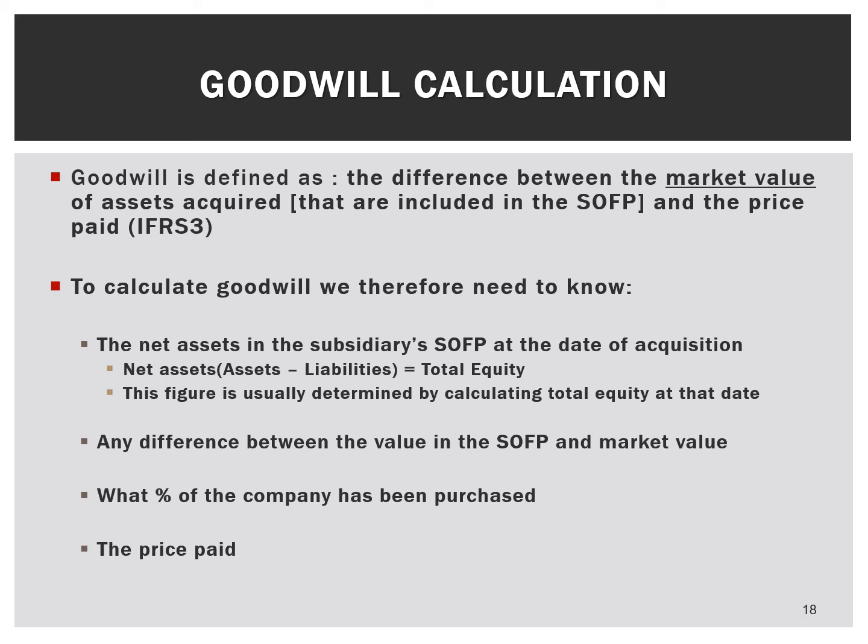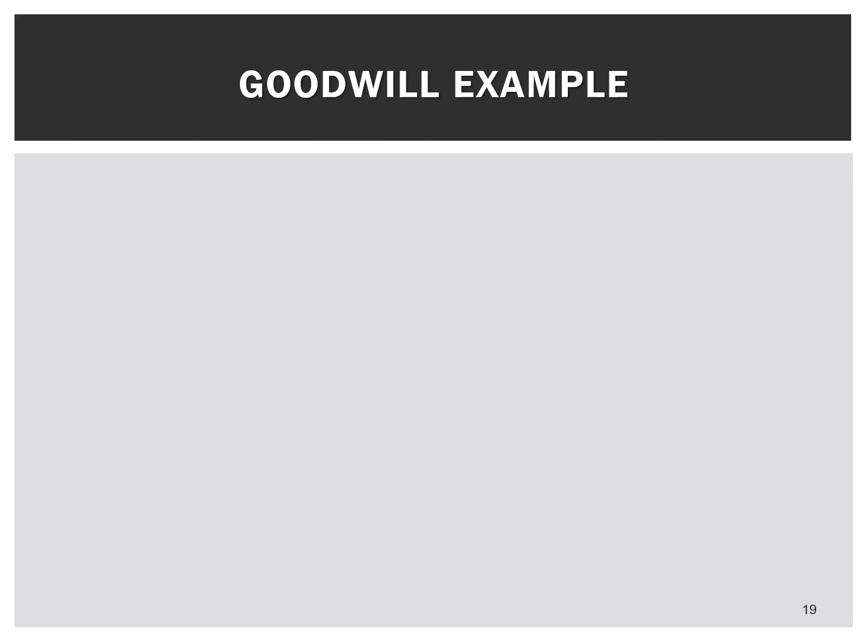Go back to that definition: the difference between the market value of the assets acquired, whether it's 100% or 30% or 50%, the market value of the assets acquired and the price paid. That's what we're trying to calculate. Once you understand what we're doing with the calculation, then you can cope with the various ways in which the figures might be presented to you.